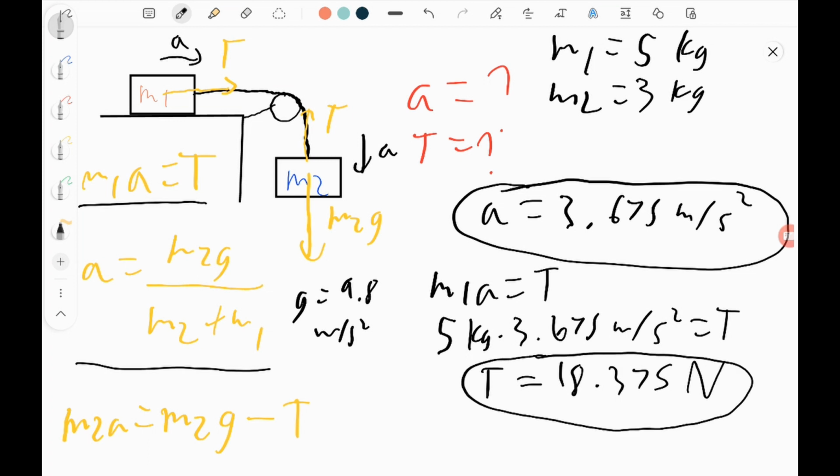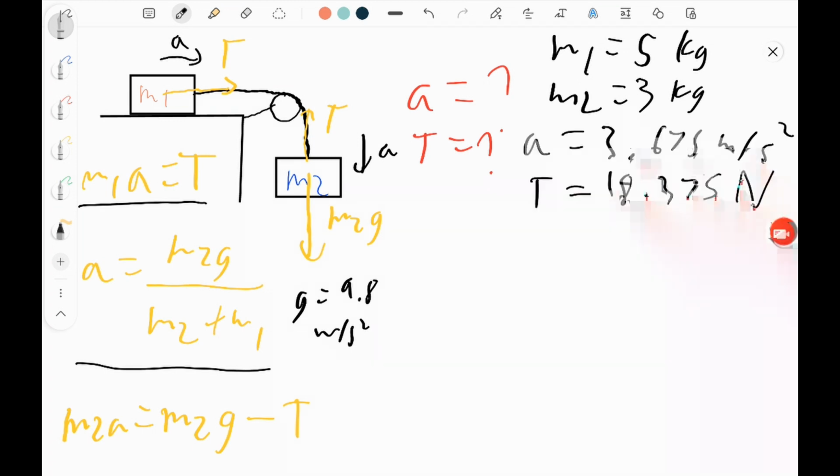And we can actually use these two values to verify that our system makes sense. So I'm going to clean up some things a bit, and then we're going to prove that this works. Okay, so for block 1, let's use the tension to verify that the acceleration of block 1 is indeed 3.675 meters per second squared.